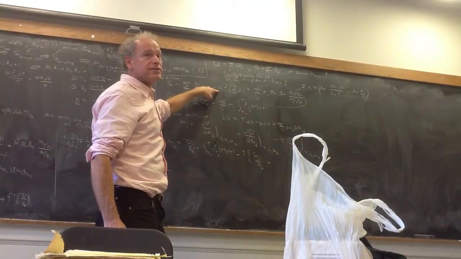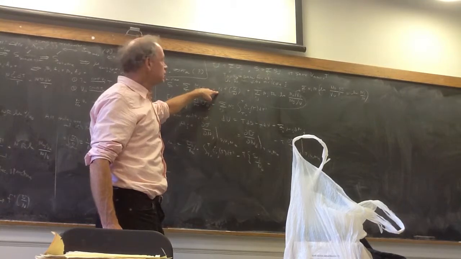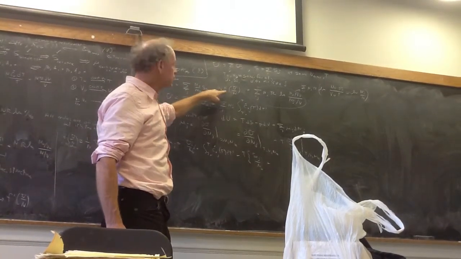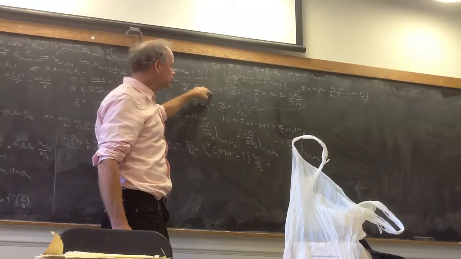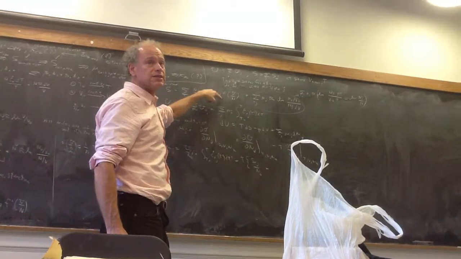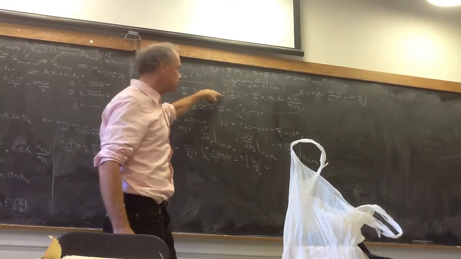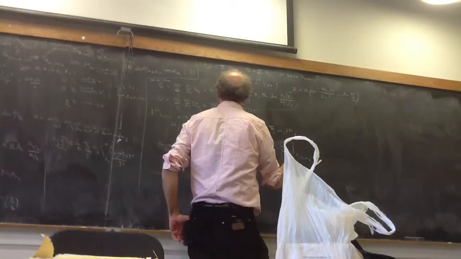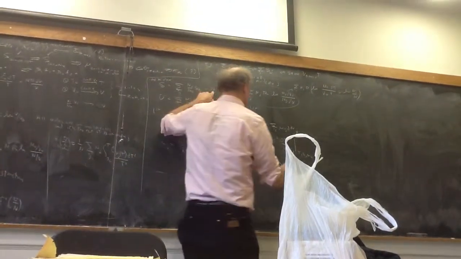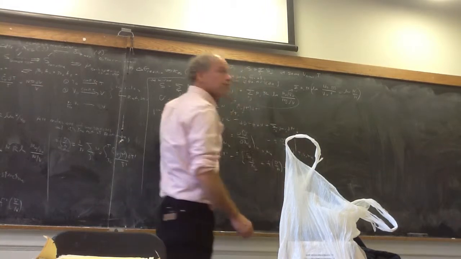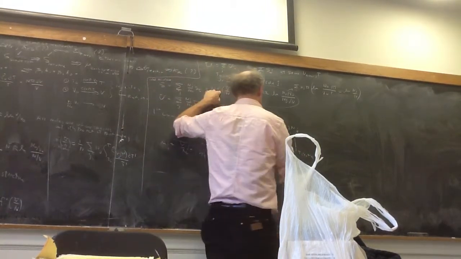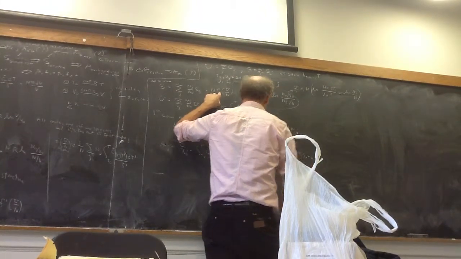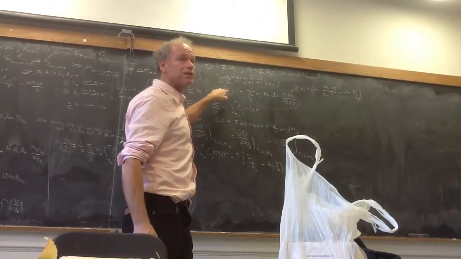N is the sum of the n_j's. So when I take the derivative, I've got an n_j in here, and I've got an n_j in there. So first I'll take a derivative of this. This is just the sum of the n_j's. When I take the d/dn_j, I just get 1. So I just get an f back. And now I have an n times the derivative of this, this is f prime, times the derivative of this thing with respect to n_j.